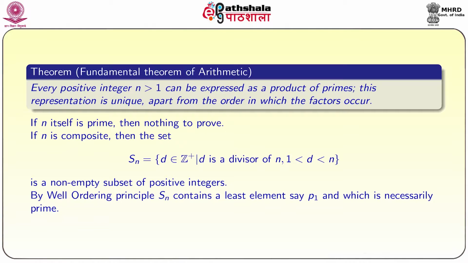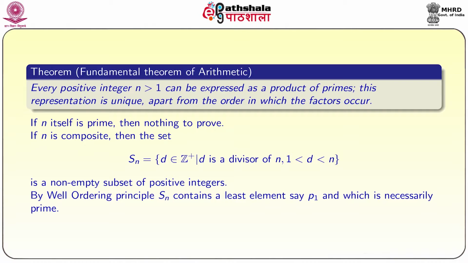Now, we will claim that P1 is prime. It is nice to see the proof of that as well. If, for example, P1 is not a prime number, then what happens? Since P1 is greater than 1, P1 is greater than or equal to 2. Every number greater than or equal to 2 has a prime factor, a result we proved earlier. Because of that, P1 is again a product of two integers A and B, and both A and B lie strictly between 1 and P1.